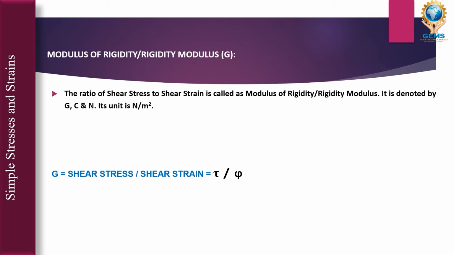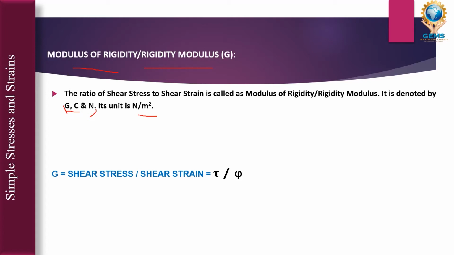Sometimes in your exam or question paper, they will give the value of C, then you have to consider it as modulus of rigidity. If they give the value of G or N, then also you have to consider it as modulus of rigidity, rigidity modulus or shear modulus. Understand?